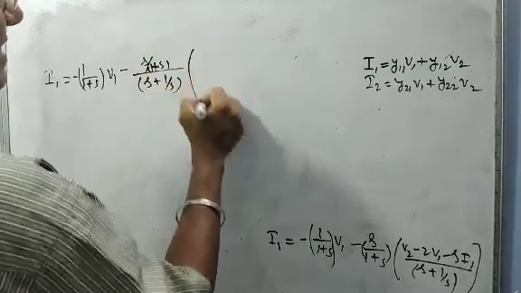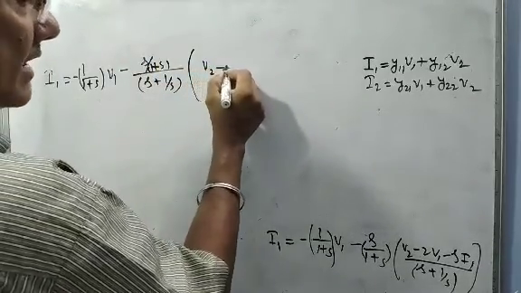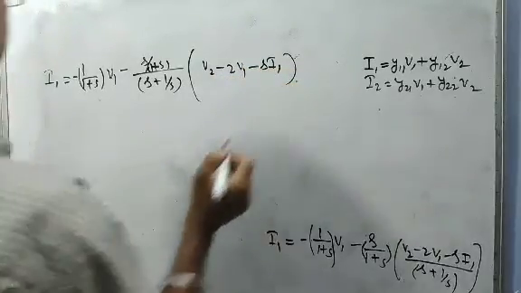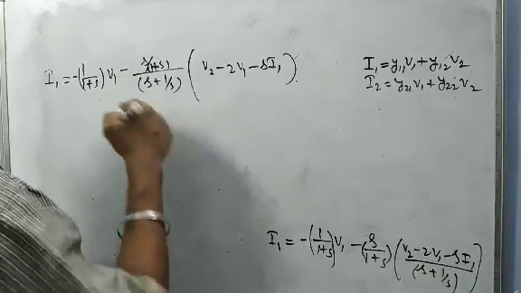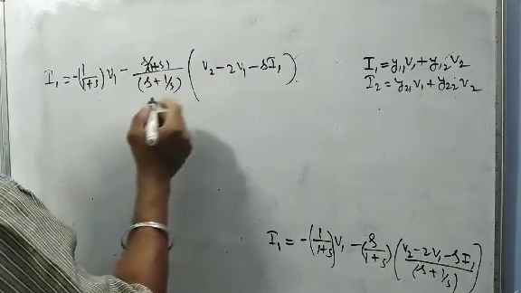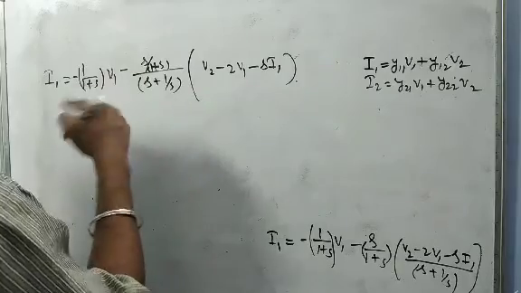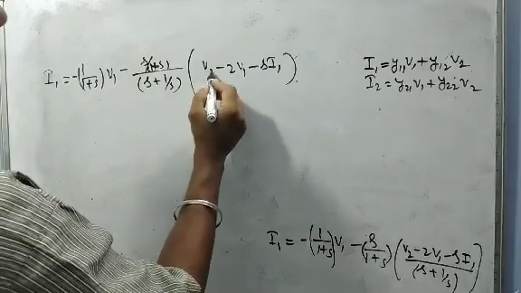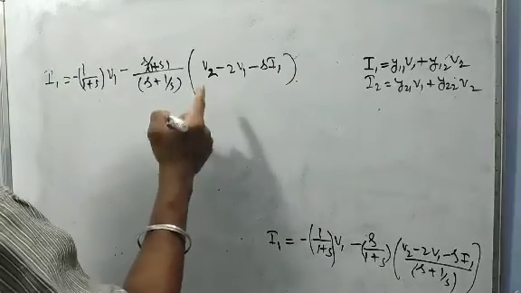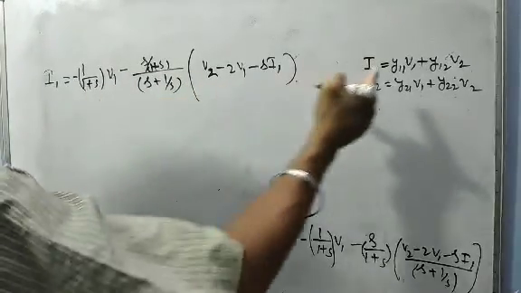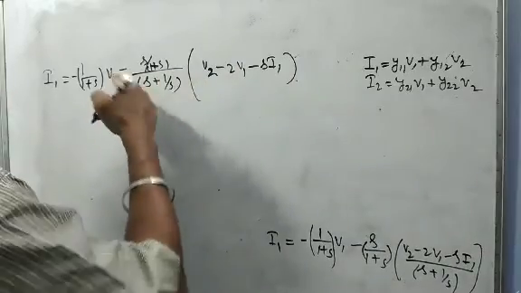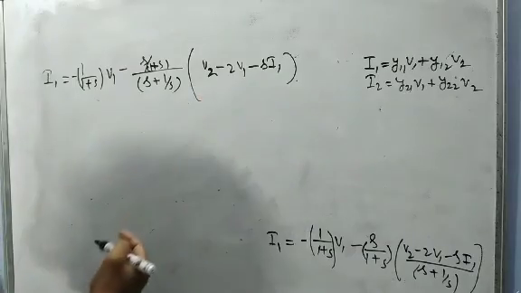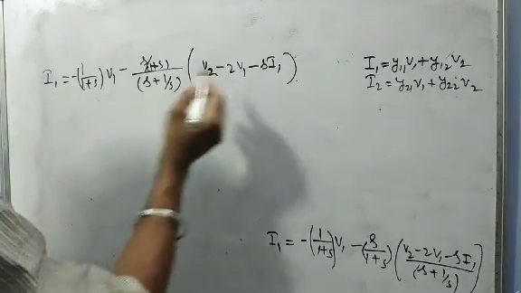So this is a fraction, and V2 minus 2V1 minus sI1. Make I1 as the subject of the formula. This is V2. So obviously I1, V1 and V2, the only terms are there. You simplify this, and I think you can easily get in terms of I1.